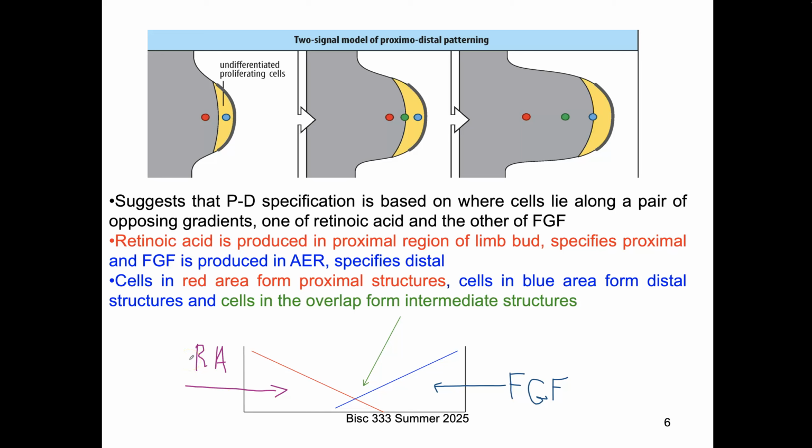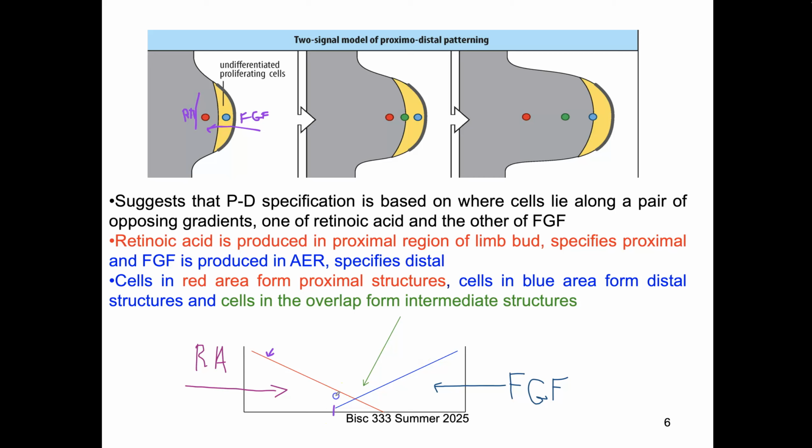And so this is interesting because the molecules that we're going to quickly talk about are ones you've already seen with somite formation. So it is known that retinoic acid is formed in the proximal region of the limb bud, and then there's a graded expression. So that's what this orange line is, or red, I guess that is. And we already know that FGF is produced from the apical ectodermal ridge. These are both diffusible signals, and so we know that there are going to be these opposing gradients.